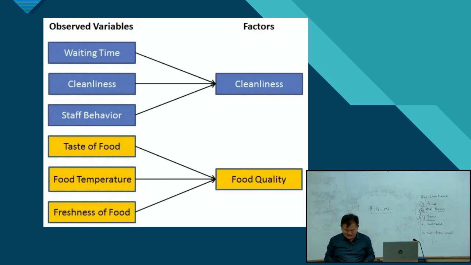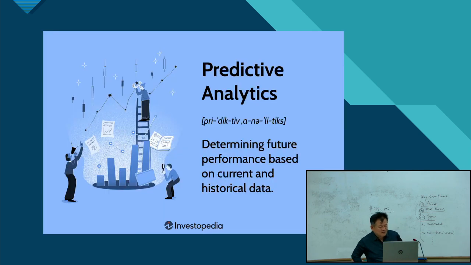And the last data analysis method is predictive analysis. Predictive analysis analyzes events that take place in the future. So predictive means future, anticipate, forecasting.